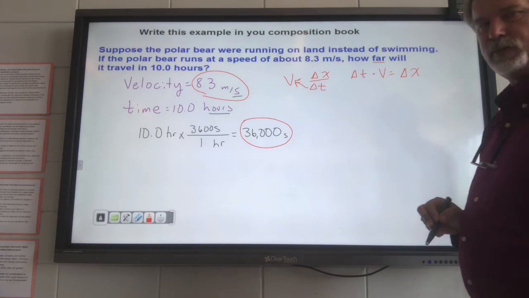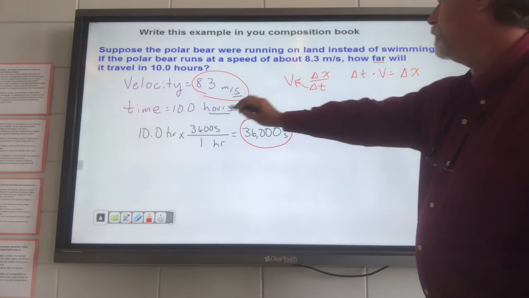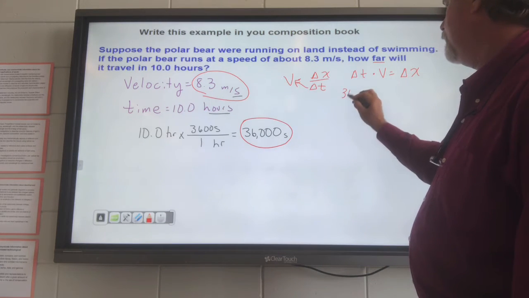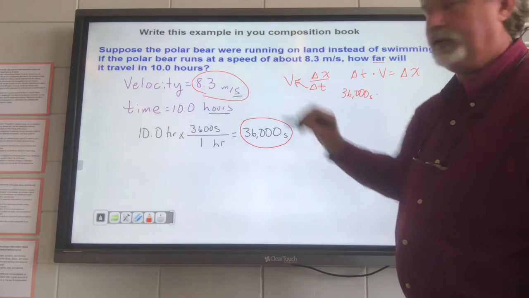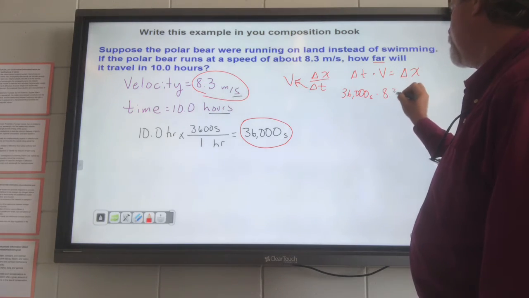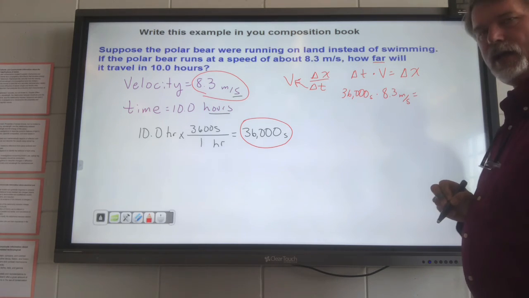At this point, we just plug in our numbers. Delta t is 36,000 seconds times our velocity, 8.3 meters per second, equals our change in x.